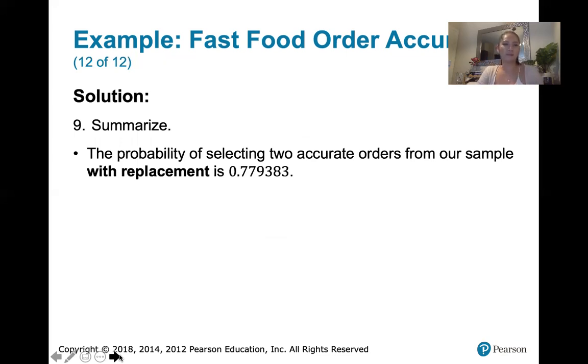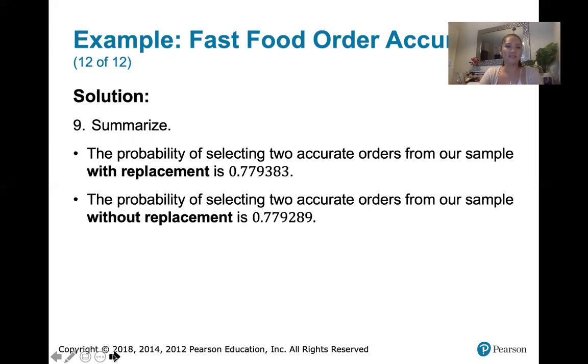So here are our probabilities. The probability of selecting 2 accurate orders from our sample when we're selecting with replacement is 0.779383. So if we put that order back in and then we choose again, the probability is about 77.9383%. That's the probability of getting 2 accurate orders.